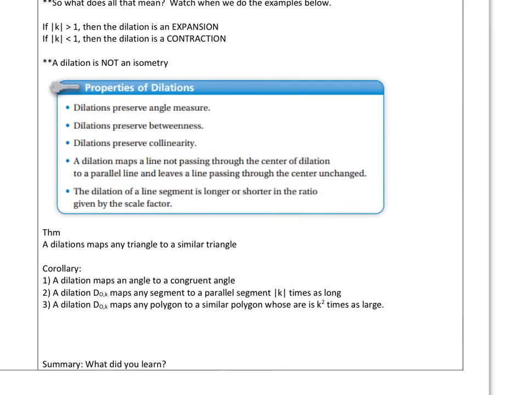Okay, so we got a couple things here. We know that a dilation preserves angle measure, so even if you change the side, the angles will stay the same. It preserves betweenness.